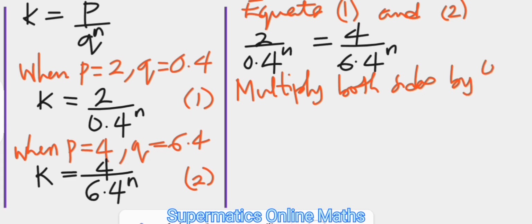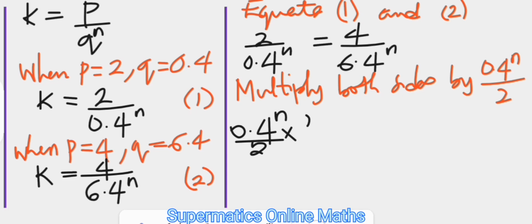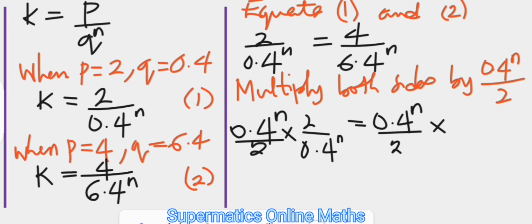by 0.4 raised to power n over 2, and the equation becomes 0.4 raised to power n over 2 times 2 over 0.4 to the power of n on the left, and on the right side we have 0.4 raised to power n over 2 times 4 over 6.4 raised to power n.